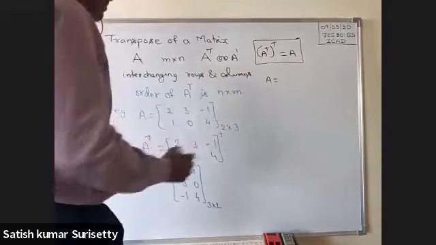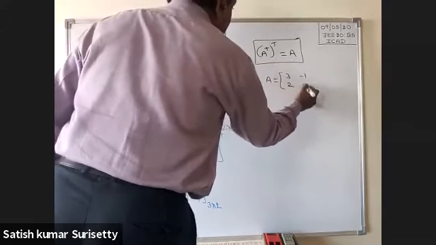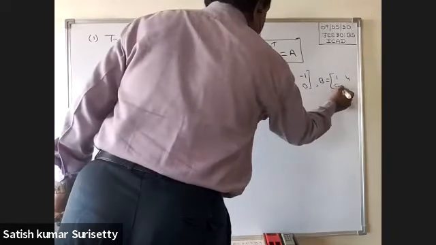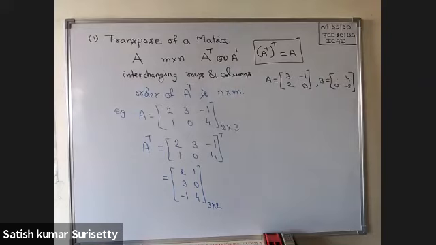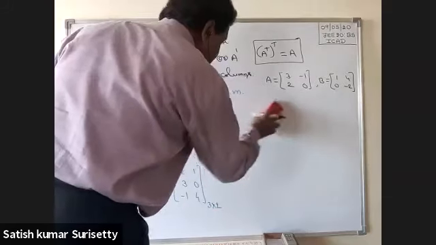A equal to 3, minus 1, 2, 0. B equal to 1, 4, 0, minus 2. Calculate the transposes first.